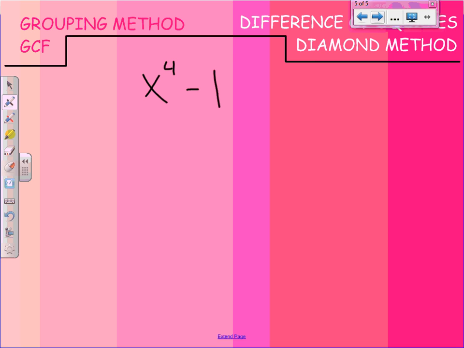So this, when you factor it, is that the answer? No. It's still factorable. That is another difference of squares. So keep going. It'll only go on until you run out of x's.